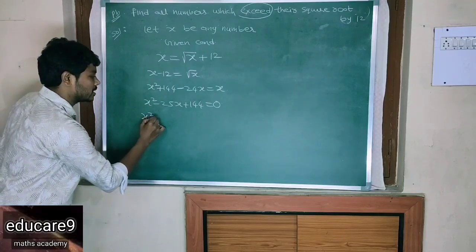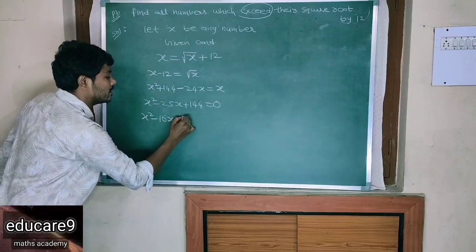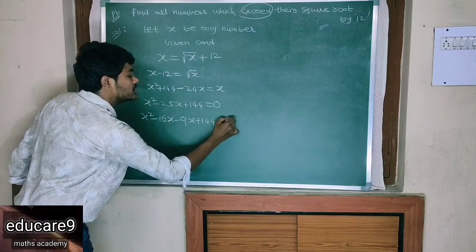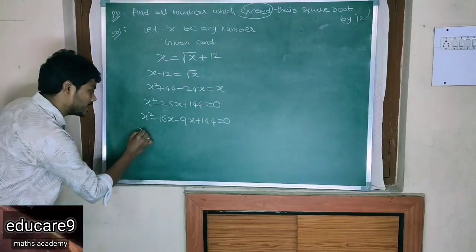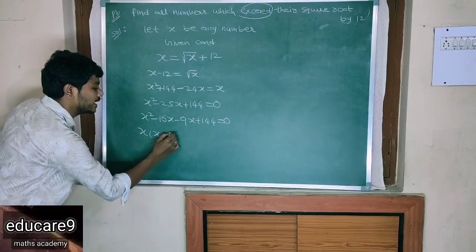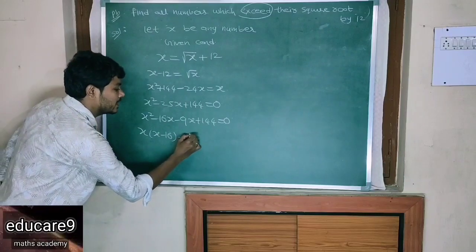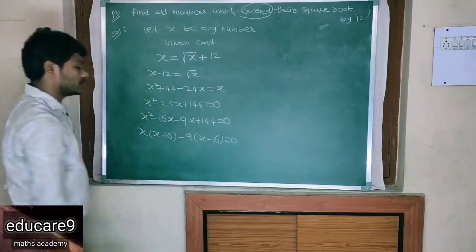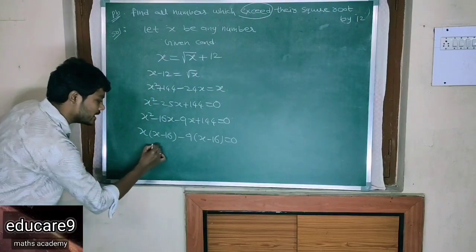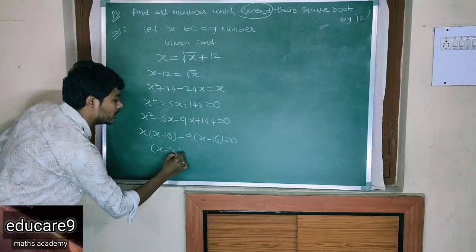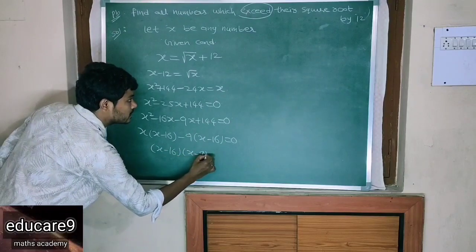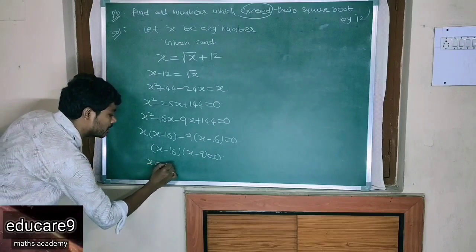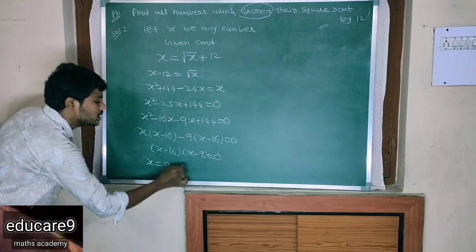That is x square minus 16x minus 9x plus 144 is equal to 0. So when x is common, you will get x minus 16, minus 9 is common, you will get x minus 16 is equal to 0. Now this is (x minus 16) into (x minus 9) is equal to 0. So what are the x values? x is equal to 9, 16.